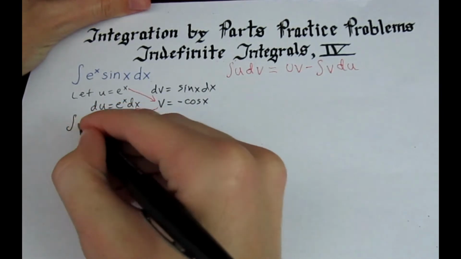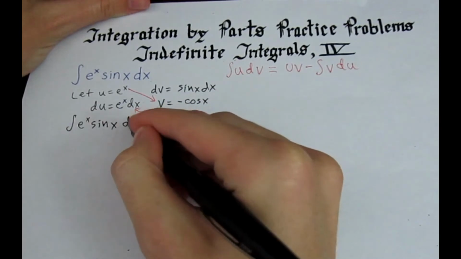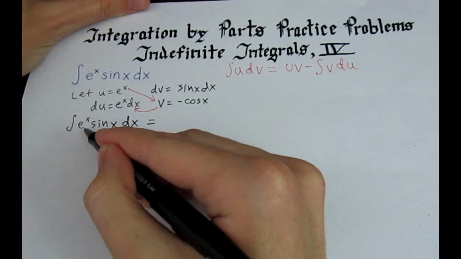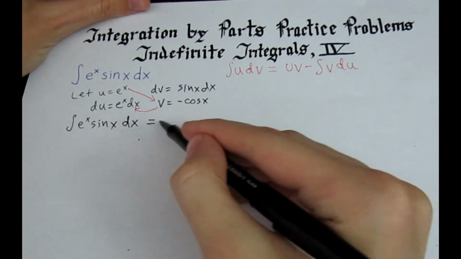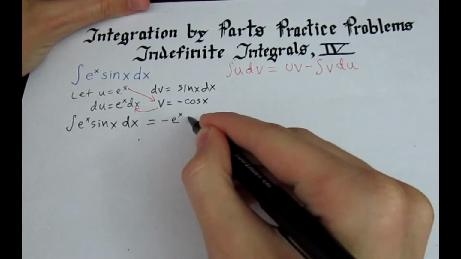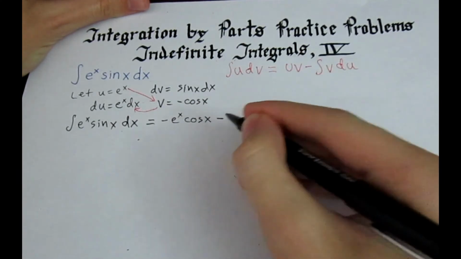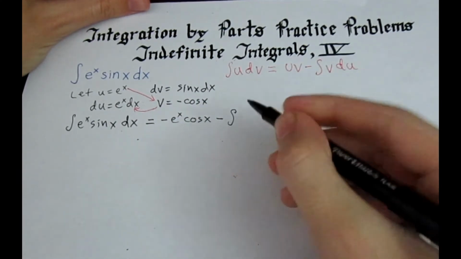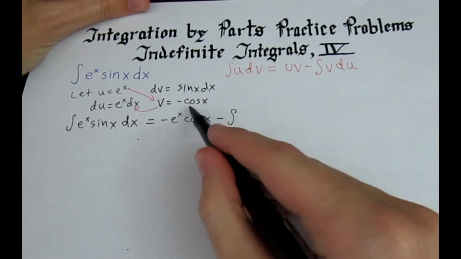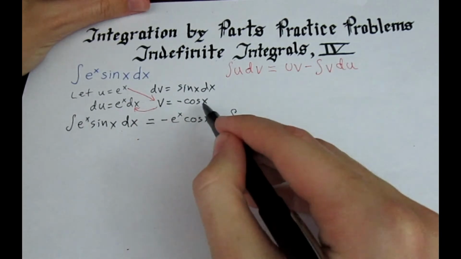For this type of problem, and you'll see why I'm doing this towards the end, I'm just going to go ahead and write the original problem here, and I'm setting that equal to the integral of u dv, which equals u times v, which is negative e^x cos x, minus the integral of v du, which is negative e^x cos x dx.